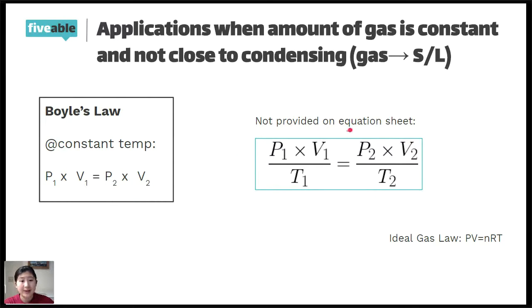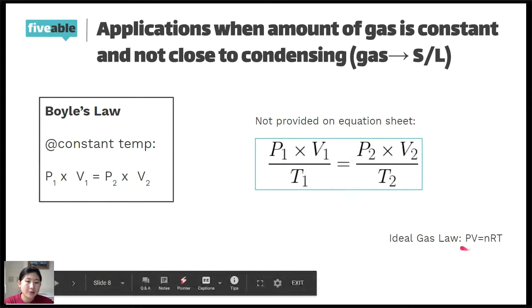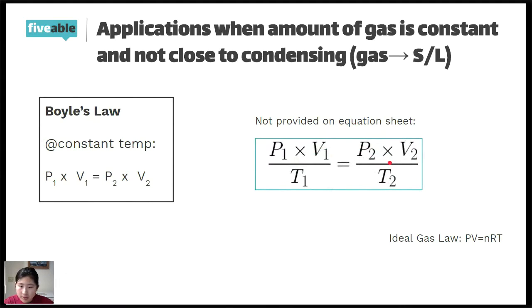This is not provided on the equation sheet, but it's very, very useful to remember: P times V over T equals the final P times V over T. It's derived from the ideal gas law. If we know that the amount of gas is constant, the n is the same for these two pressure, volume and temperature results.